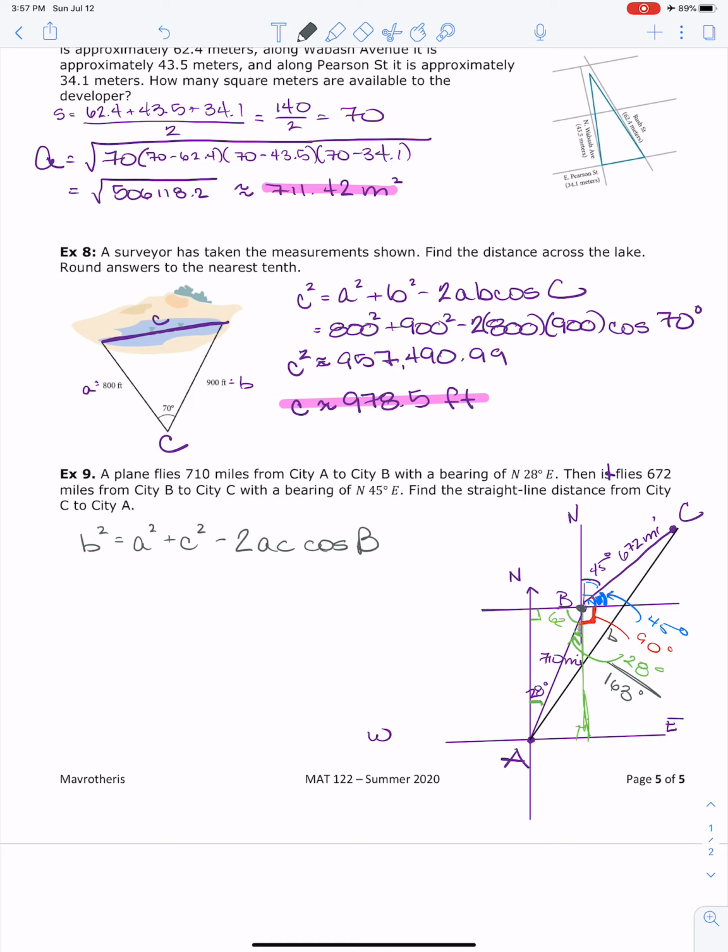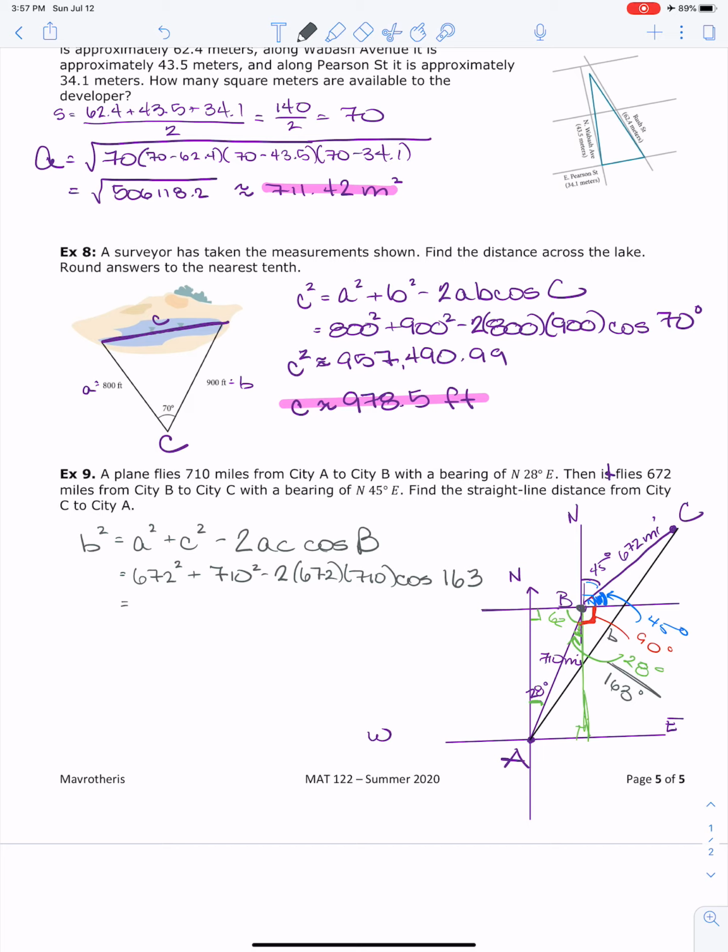So angle A, this little one down in the corner, we don't even know how big it is, but we do know that the side opposite it is the 672 miles. Angle C, our little acute angle up in the corner, is opposite our 710-mile side. So b squared equals 672 squared plus 710 squared minus 2 times 672 times 710 times the cosine of 163.